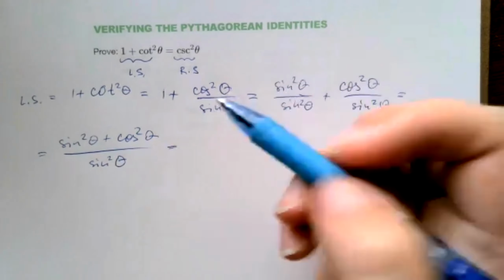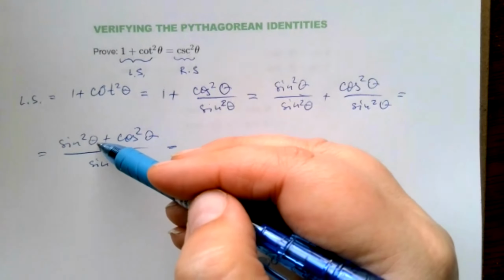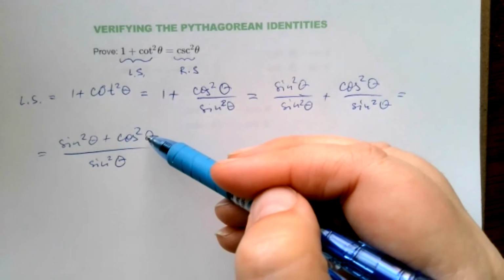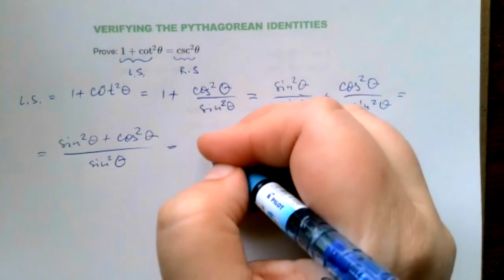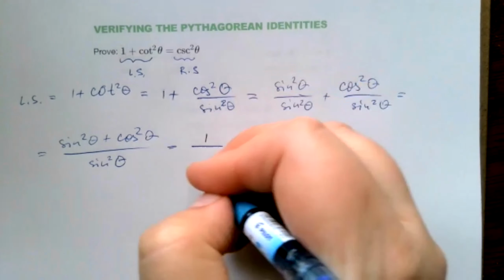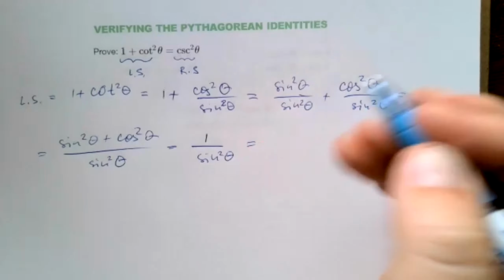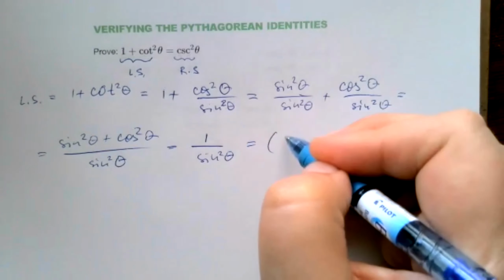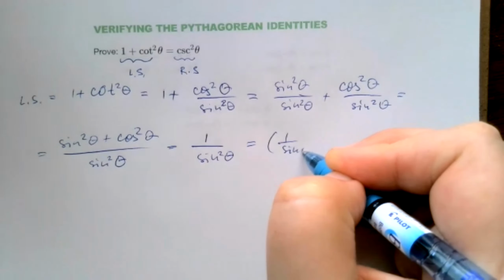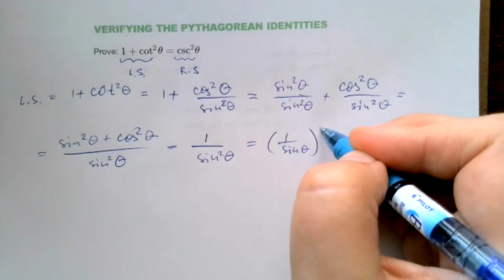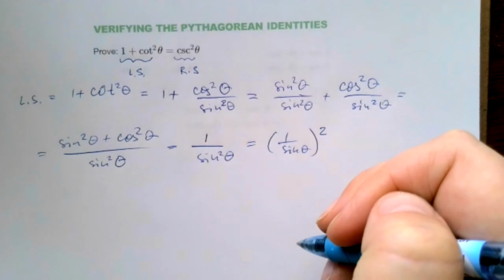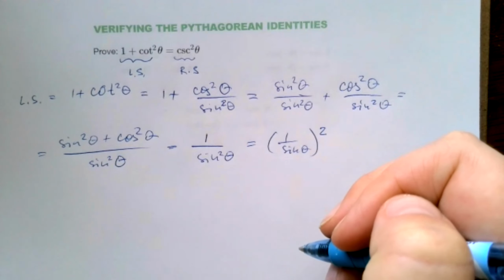Well, we know according to Pythagorean identities, sine squared theta plus cosine squared theta simplifies into 1, so we have 1 over sine squared theta. And we also know that 1 over sine theta is our cosecant.